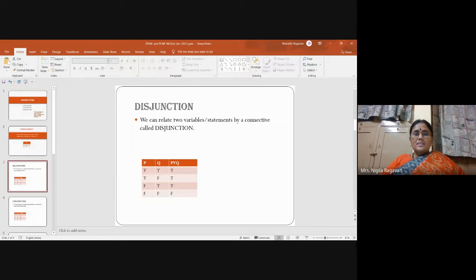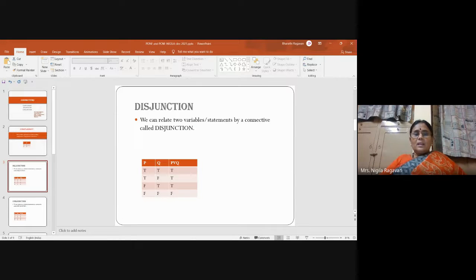If P is T, Q is false, you can relate this with set theory and find out the answer for P cup Q. That means if X is a member of the first set A and X is not a member of the second set B, still X is a member of A union B. So for the truth values T, F for P, Q respectively, the truth value of P cup Q is T.